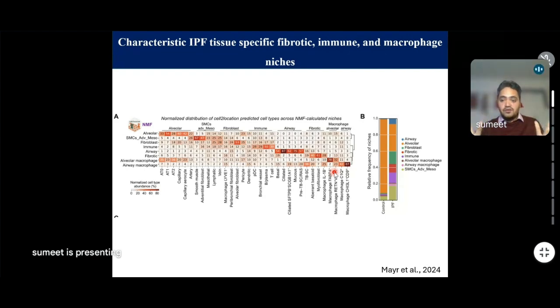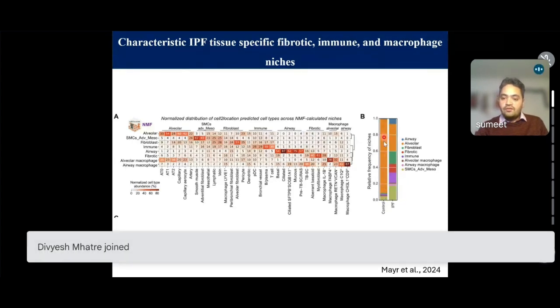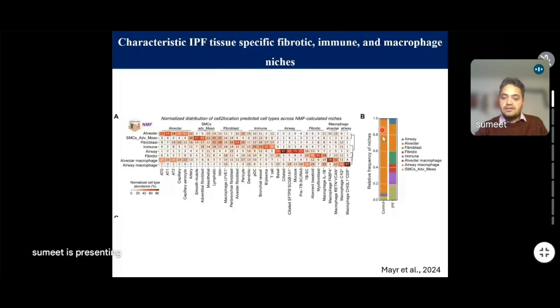To see this in a very simple format, focus here on the colors. In the control, you have lots and lots of orange color, which are basically your alveolar epithelial cells. In the disease setting, the orange is decreased significantly, suggesting that the alveolar niche is significantly decreased in IPF patients. If you look at the red color here, you don't have any red color because healthy tissue doesn't have fibrosis.